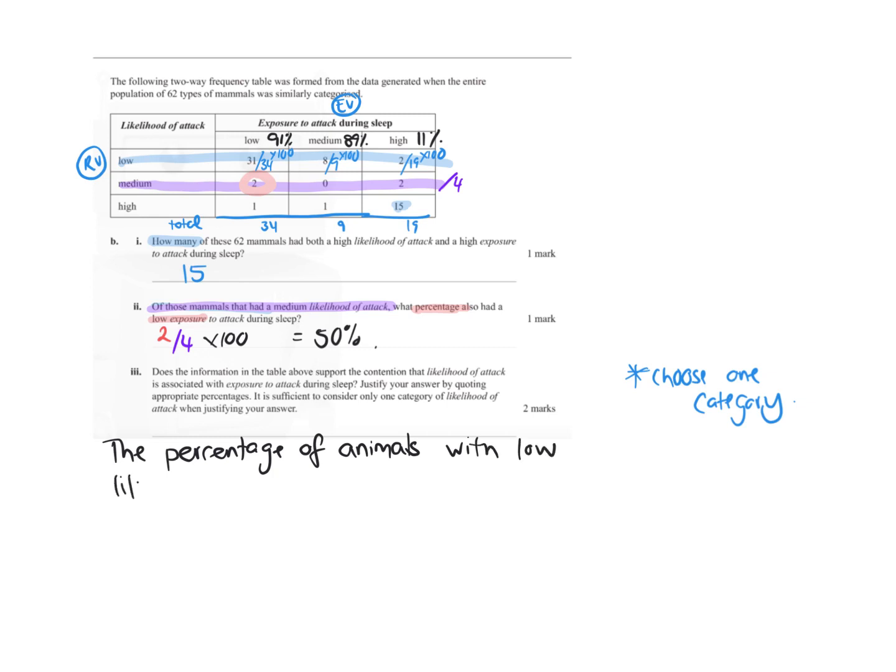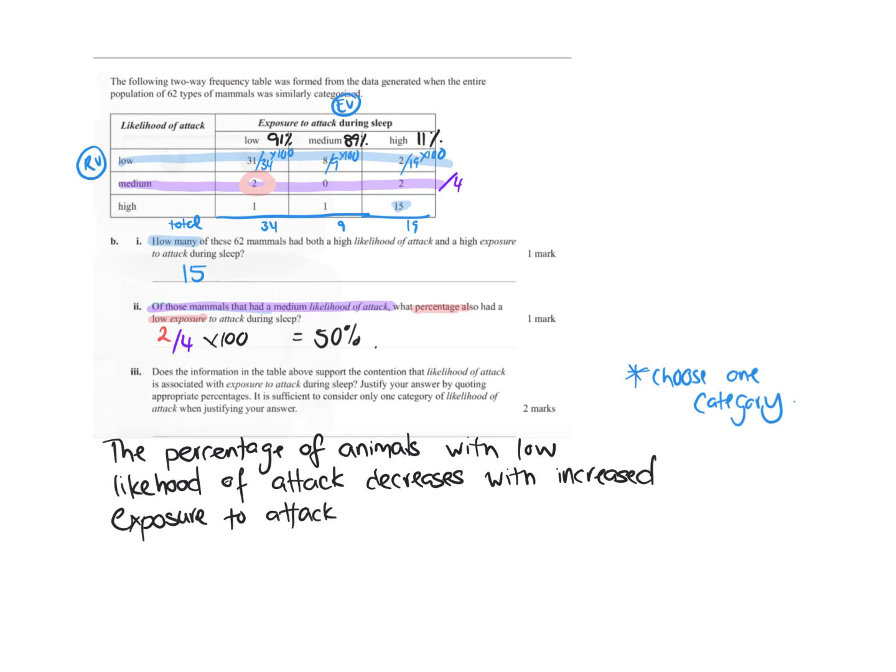You might have picked another one, but as long as you percentaged it out, the low likelihood of attack decreases, because I saw it went down, decreases with increased exposure to attack during sleep.